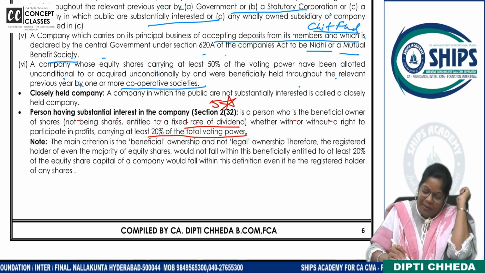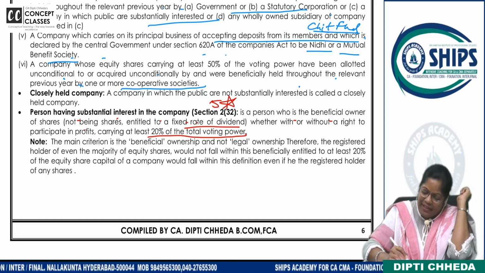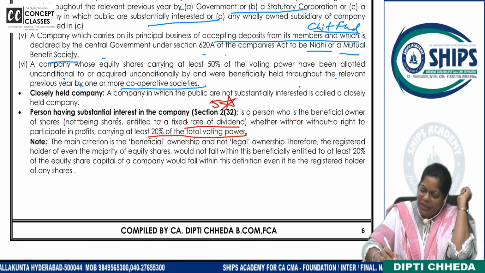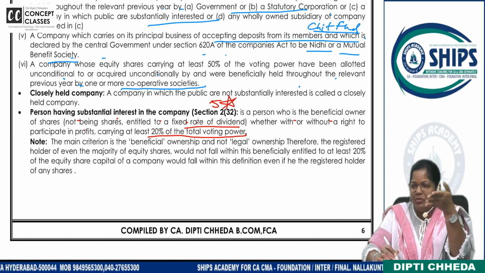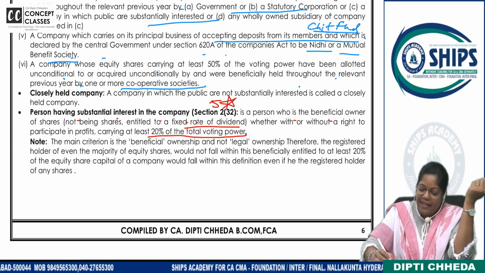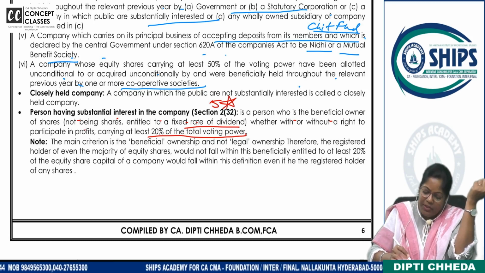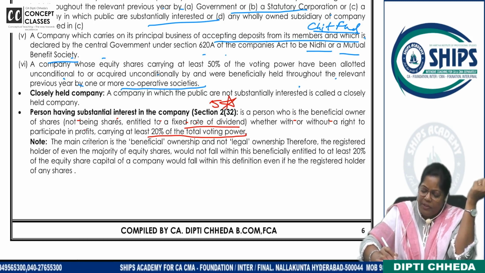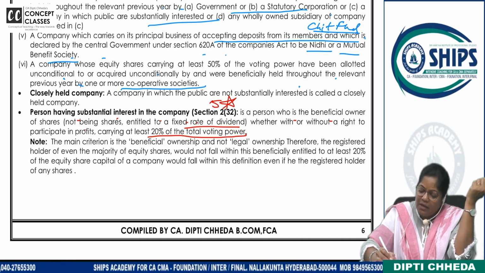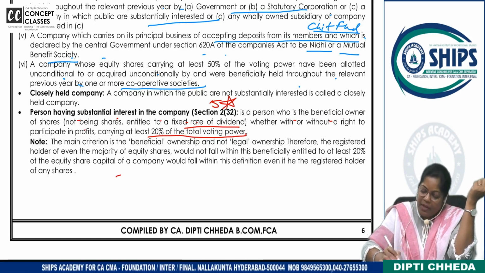Chalo. Main criteria here is beneficial ownership and not legal ownership. अब थोड़ा सा लो है, एकदम थोड़ा सा, ज़्यादा तो नहीं आता. Therefore, the registered holder of even the majority of equity shares would not fall within the beneficial entitlement to at least 20%, and it would fall within definition.